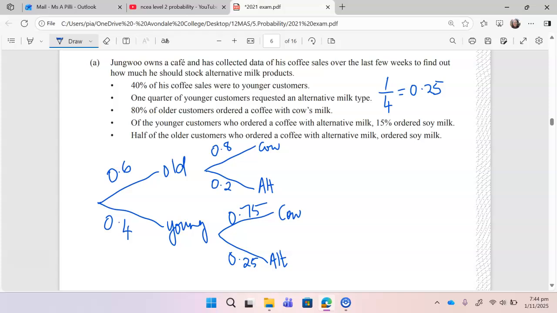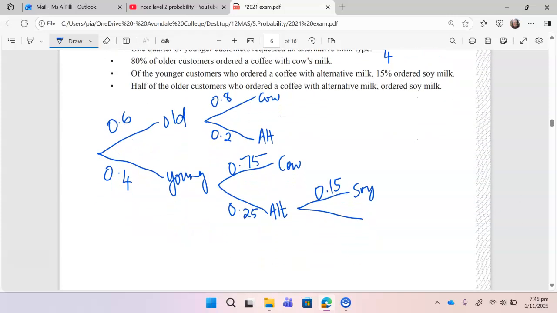Of the young customers who ordered a coffee with alternate milk, 15% ordered soy milk. So young customers, coffee with alternate, and that's soy. Well, we don't know what the other milks they could have ordered.